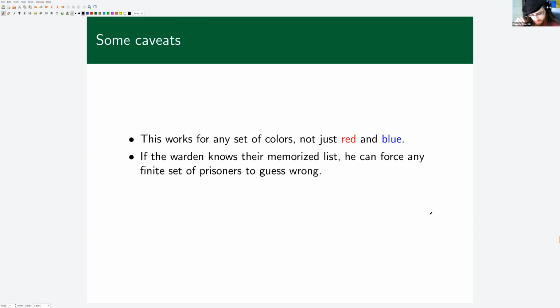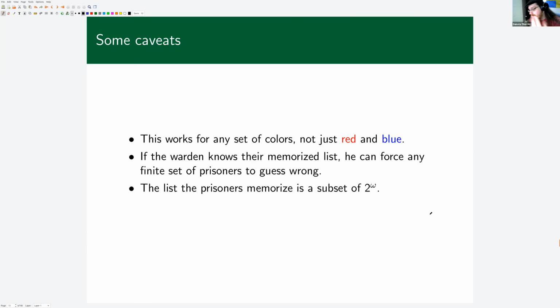So if the warden is not Yosemite Sam, but like Javert, then he can guarantee that 24601 guesses wrong, because whatever sequence he chooses, he just flips 24601's hat from the one he knows he's going to guess. And also 24601's friends and everyone that came before him, and the next 1,000 people that come after him and so on. But that's really the best the warden can do.